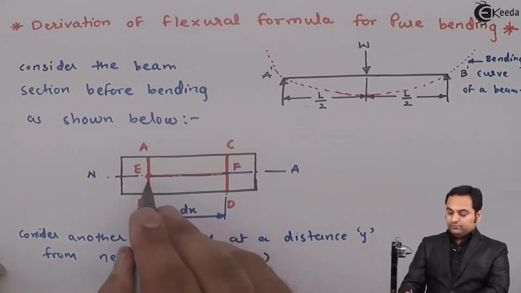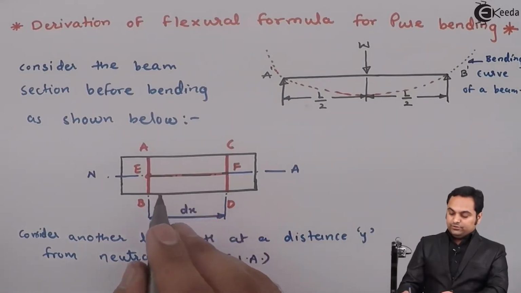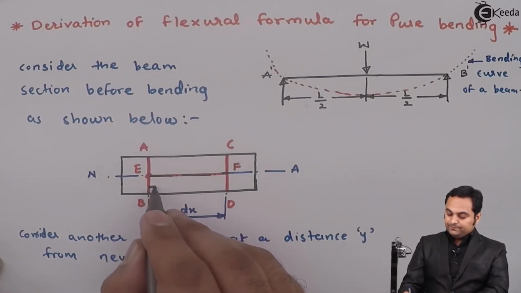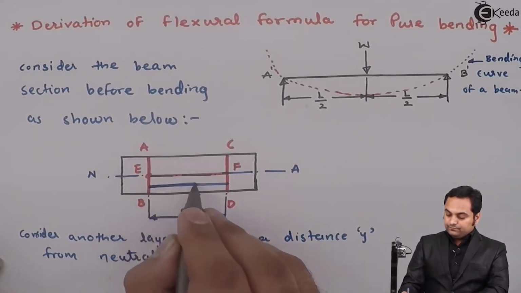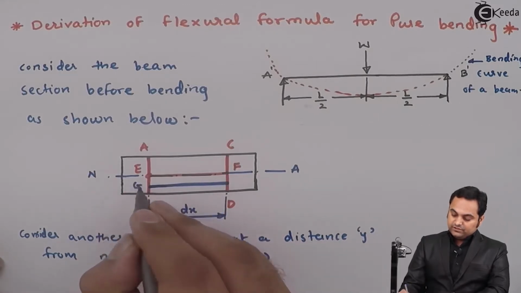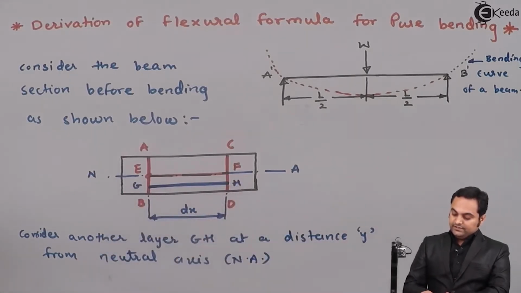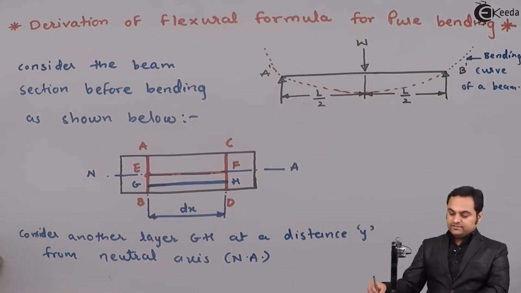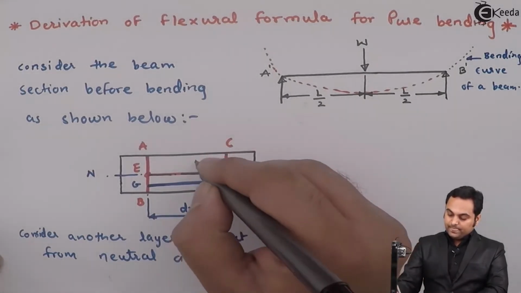Here from this neutral axis I am going to consider another layer which is layer GH, and its distance from the neutral axis is y.